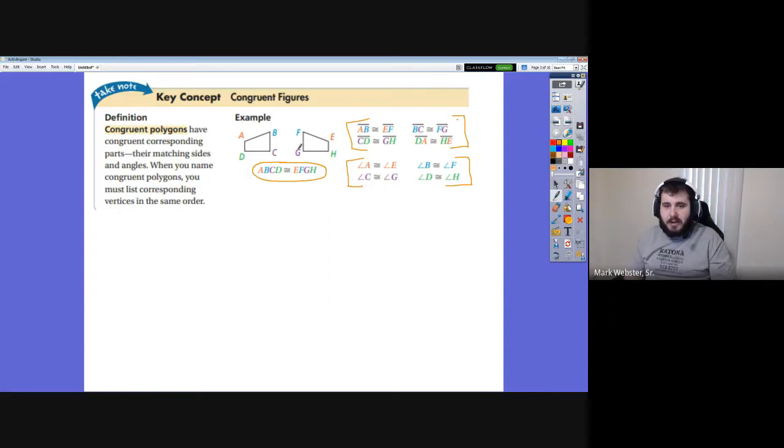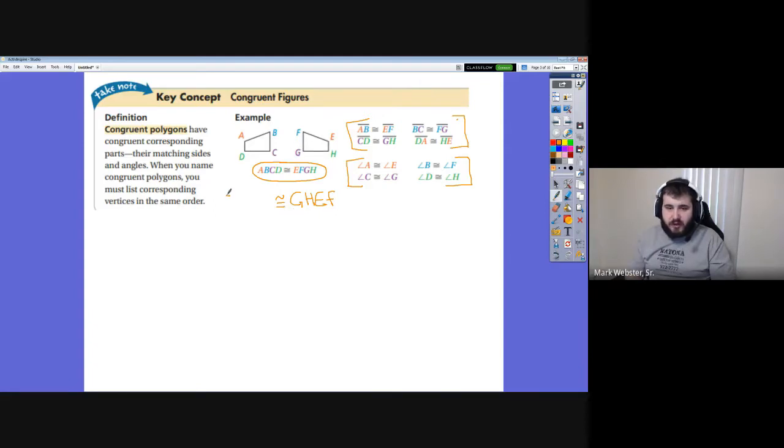I have to specifically pick a letter. Like, let's say I started with G and I chose to go counterclockwise, then this figure would be called GHEF. And if I'm going to write the congruent statement, they have to match.